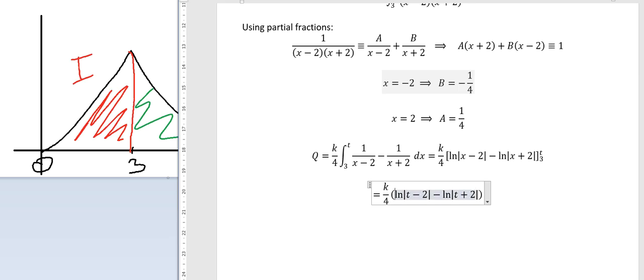And that's in the first of the two brackets. And then we're taking away ln of 3 minus 2 minus ln of 3 plus 2. And that should all simplify down.